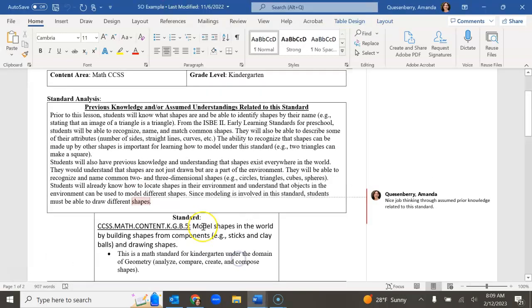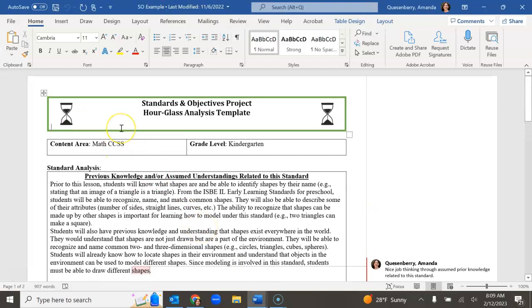And so I'm going to show you, this is the example that's in ReggieNet of the Standards and Objectives project. And then I'll show you how this aligns with the lesson plan. So I have the same student's small and large group lesson plans, who created this Standards and Objectives project.